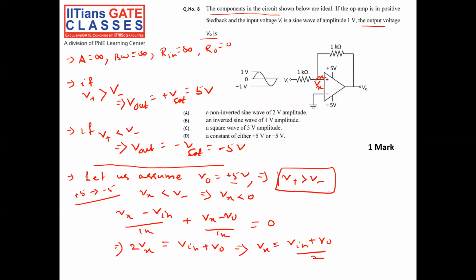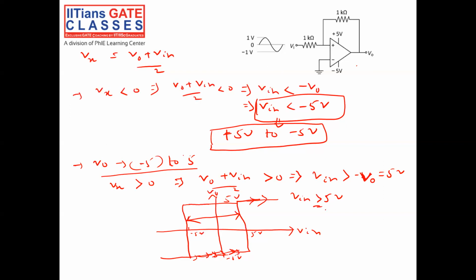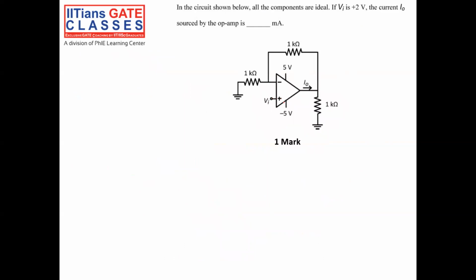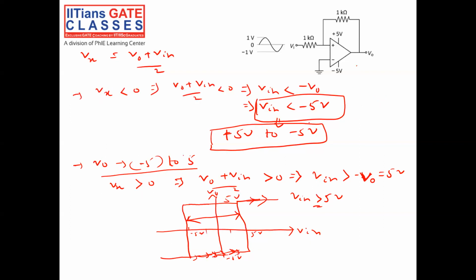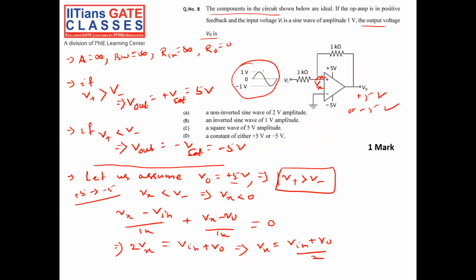Okay. So now you come to the question. In this question, you see the input is only plus or minus 1 volt. So that means it is in between here. My input will not be able to change the state. After switching on, if it is +5 or -5, it will stay at that same point, because for changing the state, I need either less than -5 volt or greater than +5 volt, which my input is not capable of.